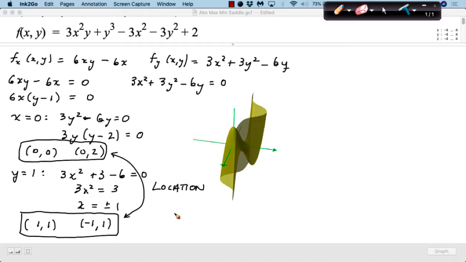And then if I want to know the value of the absolute max or min, that's a matter of what? Finding the z values, right? So we'll go ahead and find the z values associated with these.